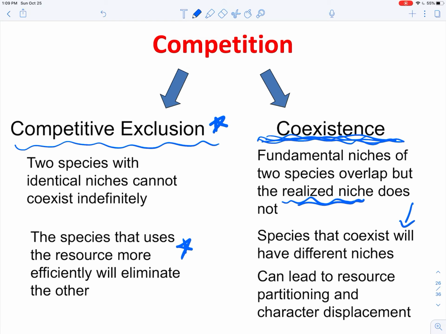So ultimately, species that coexist will have different niches that they're occupying. And throughout evolutionary time, this can lead to what we call resource partitioning and character displacement, which I'll define in a little bit more detail in a minute.